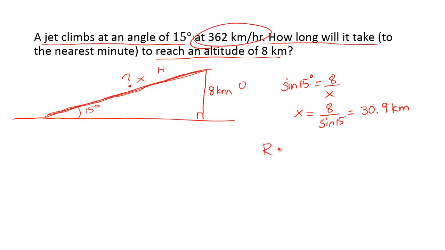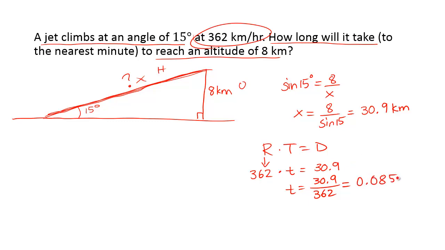And remember, rate times time equals distance. We have the rate, 362 kilometers per hour. We don't know how long we're going to go, but we're going to get to 30.9 kilometers. So the time is going to be 30.9 divided by 362, which will give us 0.08538, but that's in hours.